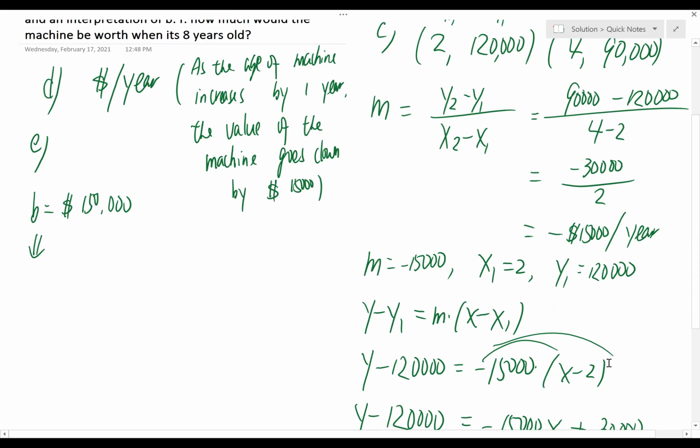Okay, so the interpretation of the y-intercept b here should be the initial or original value of the machine, meaning when they purchase the machine, how much the machine costs. This is the initial value of the machine. And that's the interpretation of the y-intercept b.